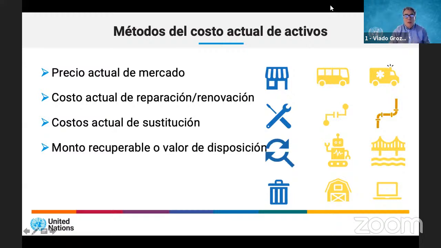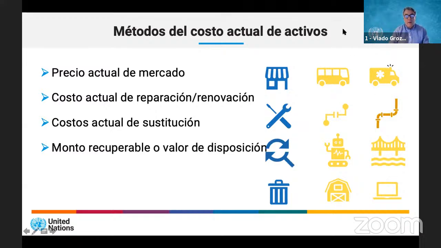Typical examples for this plant are motor vehicles, ambulances, buses, and things like that. So you can buy it from the market, and you know the current price of the bus or ambulance. So that's called the current market price.